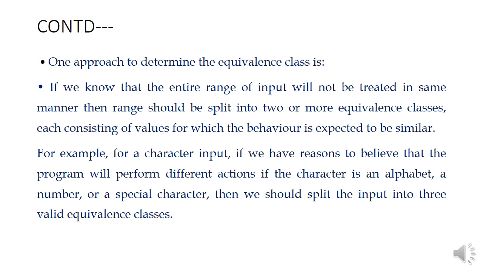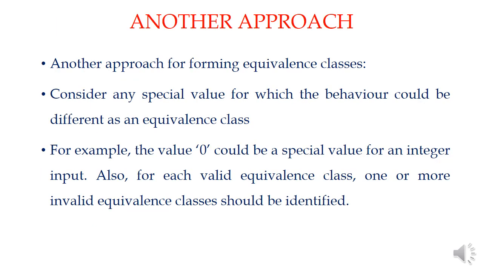One approach is to determine the equivalence classes. If we know the entire range of input will not be treated in the same manner, we can split it into two or more equivalence classes, each one containing values for which the behavior will be similar. For example, for a character input, if you have reason to believe that the program will perform different actions if the character is an alphabet, a number, or a special character, then we should split the input into three valid equivalence classes.